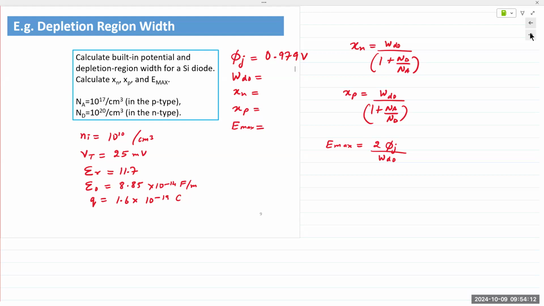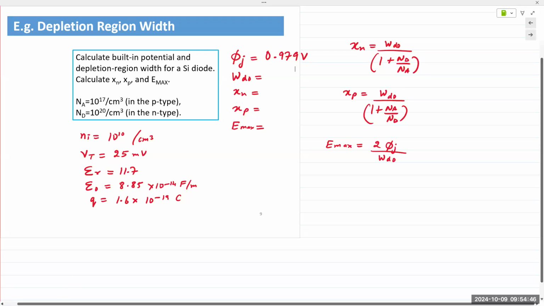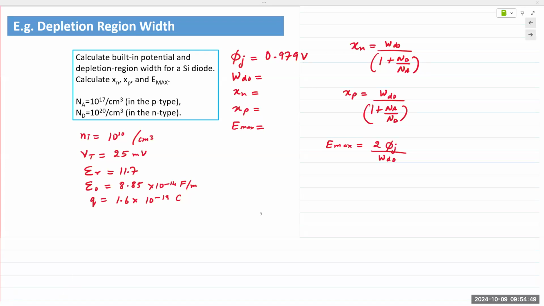Any numbers from anyone else? All right, so it seems as if WD0, depletion region width, is 11.26 microns.